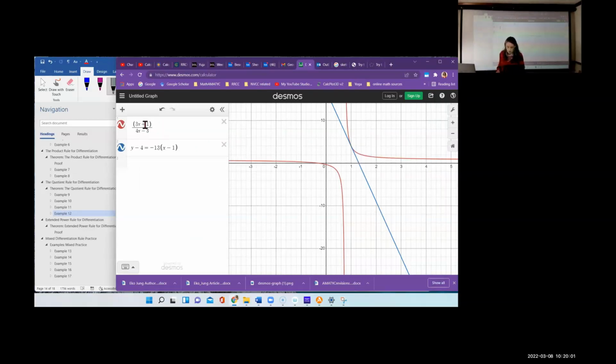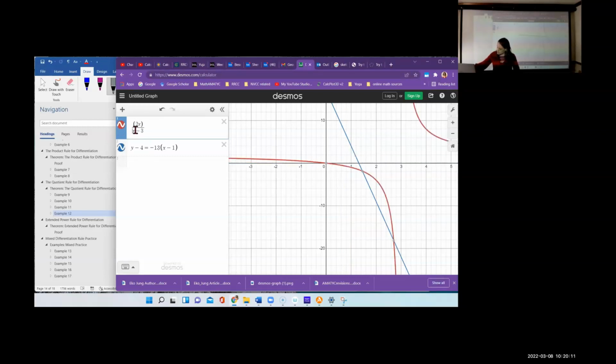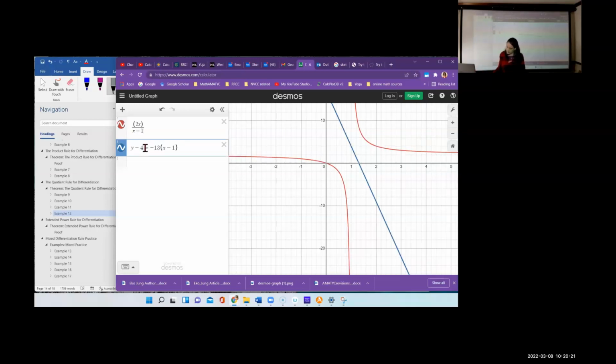So my function is 2x over x minus 1. And my equation is y minus 1.